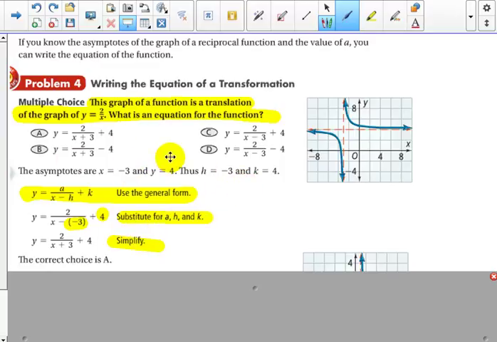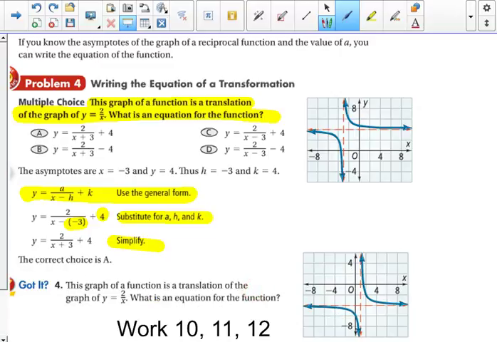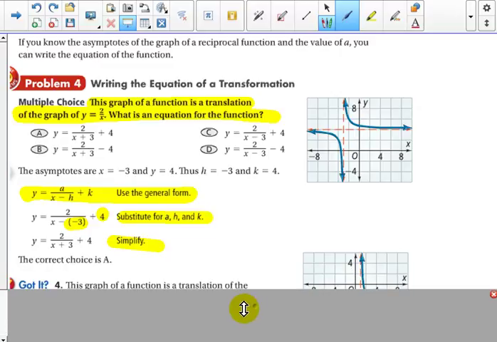So let's look at this. It says, write an equation for the translation of y equals 3 over x that has the given asymptotes. So this goes with 10, 11, 12. So they give you x equals 0 and y equals 2, right? So we know that x is going to be my h.